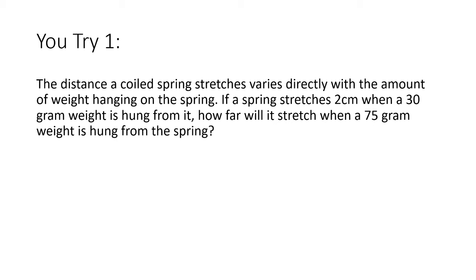Go ahead and pause the video and try this one on your own. Okay, I set up my equation to be the distance. It's equal to the spring constant K times the weight.